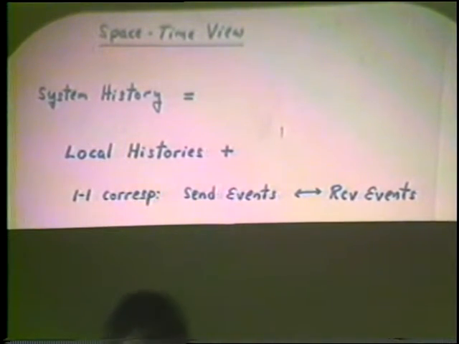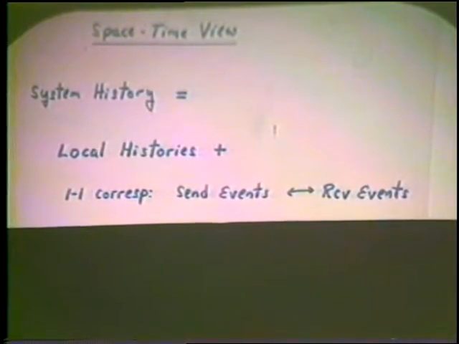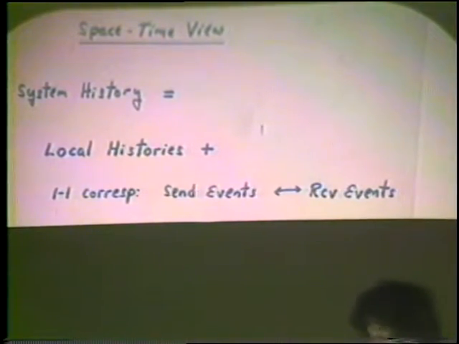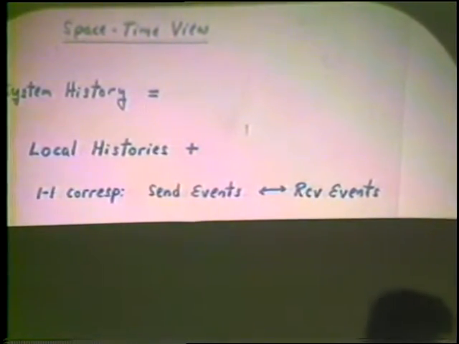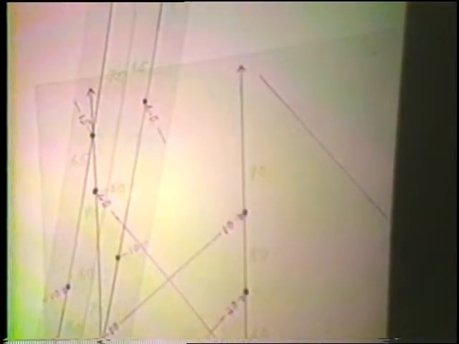But that's not enough, as we saw in the example, which has now vanished into the morass in front of me. Here it is, in this example, where we had a one-to-one correspondence between sends and receives, but it wasn't a possible set of local histories.